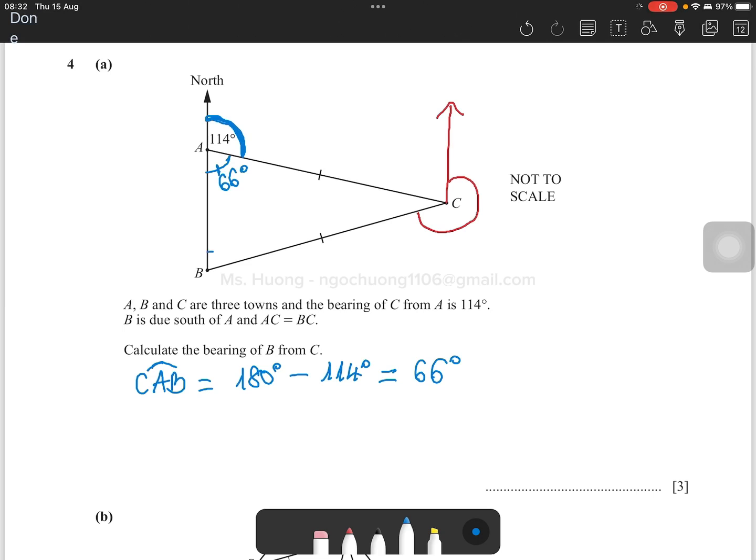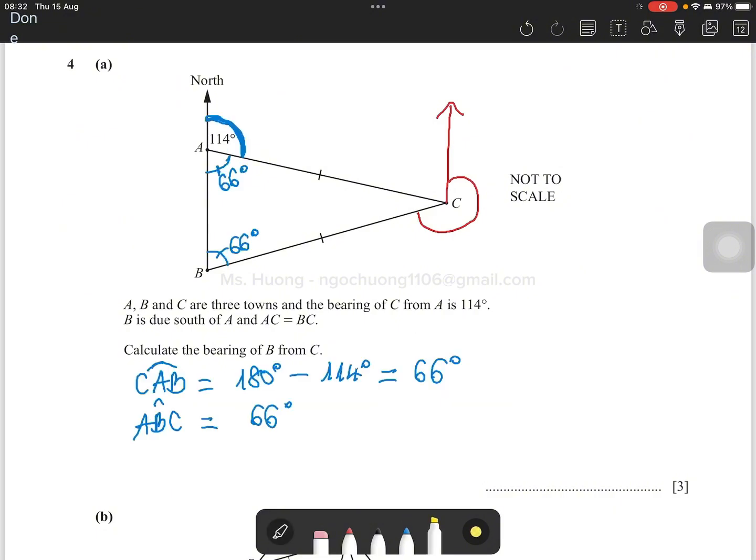Then this one is 66 degrees. And the angle ABC is also 66 degrees because the triangle ABC is an isosceles triangle.